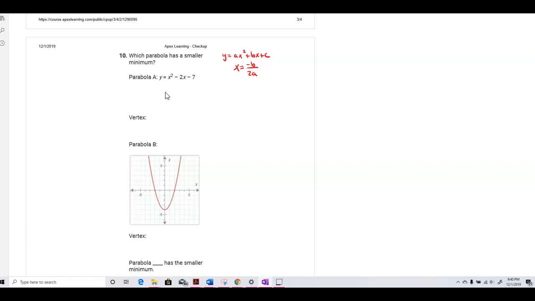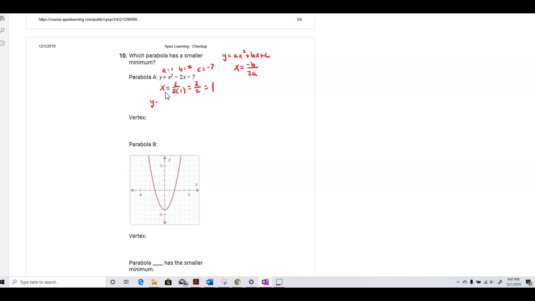So x is equal to the opposite of b, where a is 1, b is -2, c is -7. We would do the opposite of -2, which is 2, over 2 times a, which is 1. 2 divided by 2 is 1.